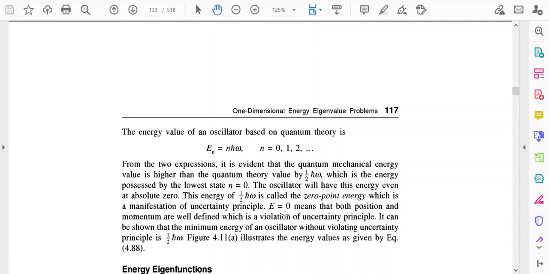If E becomes 0, then both position and momentum are 0 and well defined. But according to the uncertainty principle, we cannot define both position and momentum simultaneously and accurately.